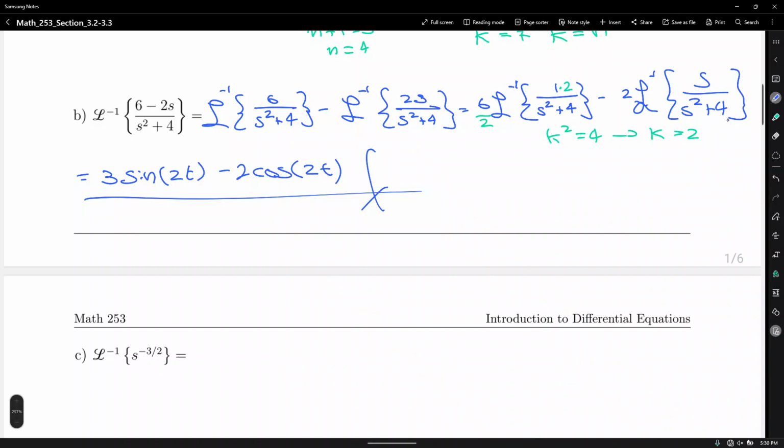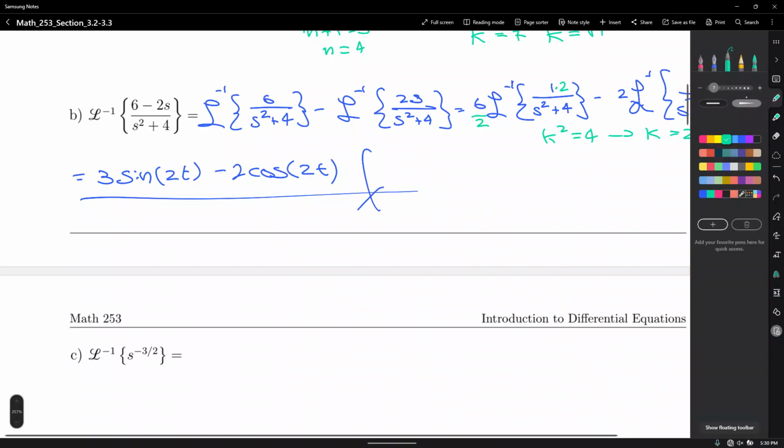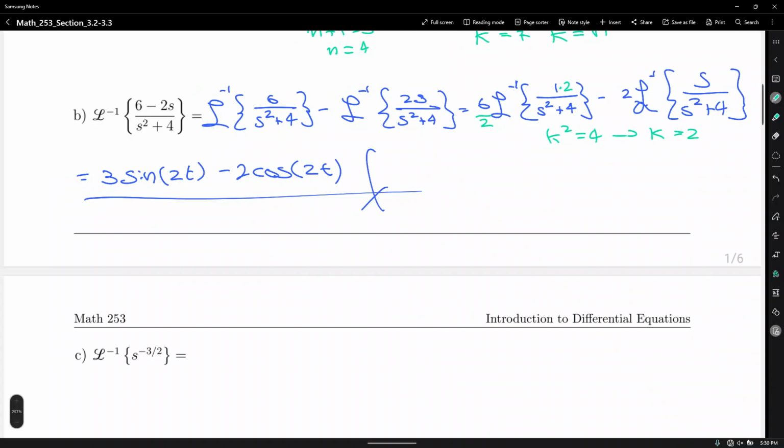Okay, let me actually state the inverse transform of a power function in terms of the gamma function. So the inverse transform of n factorial over s to the n plus 1, okay? This is the same as saying the inverse transform of gamma of n plus 1 over s to the n plus 1, all right?